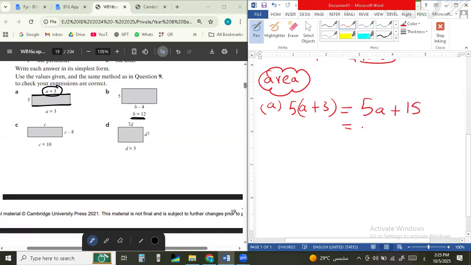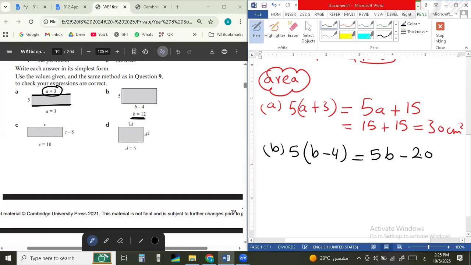When A is 3, 5 times 3 is 15 plus 15 equals 30 centimeters squared. Next, B. Length times width. So it is 5, also multiplied by B minus 4, equals 5B minus 20. When B is 12, 5 times 12, 60, minus 20, so it is 40.